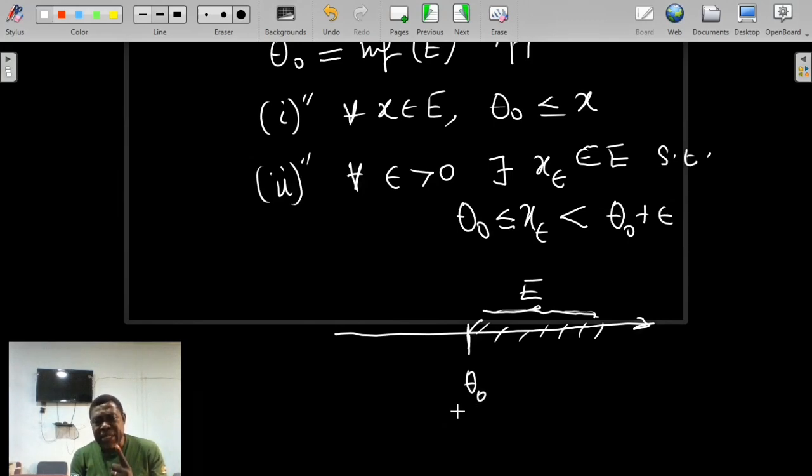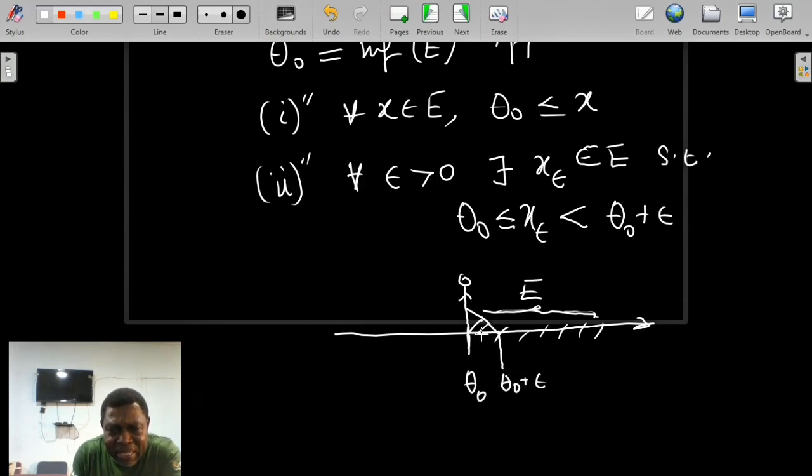What makes it different from the other lower bounds is that, assuming somebody stands here, and that person stretches the leg to the right and covers a distance epsilon greater than 0. Where the leg will land on the line will be theta naught plus epsilon.